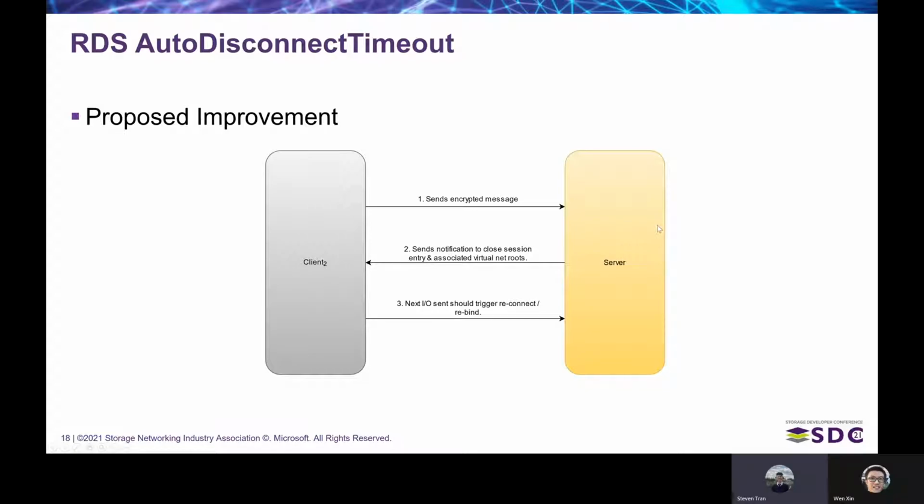So the next IO sent by the same SMB client should trigger a reconnect or a rebind, and we should technically have a new SMB session state, and we shouldn't be referring to an old one, which was previously triggering the TCP session destruction earlier, where all the victim SMB sessions were being destroyed.